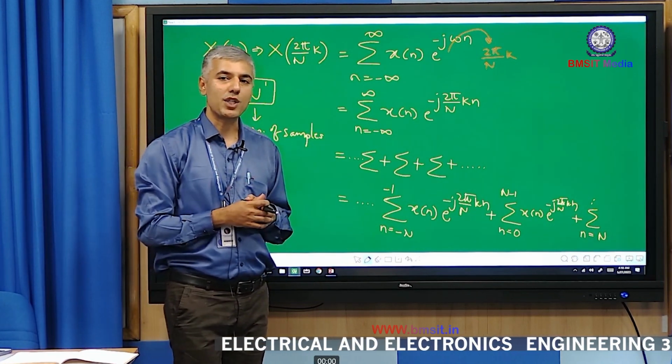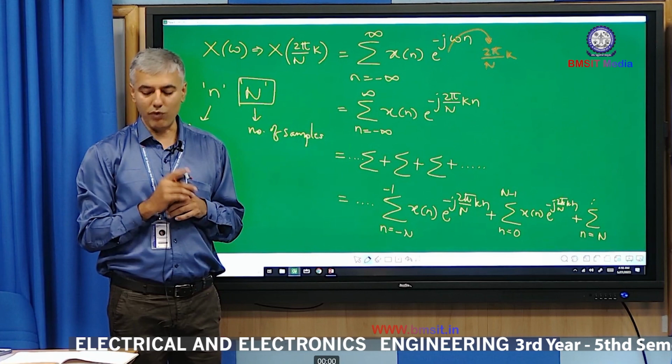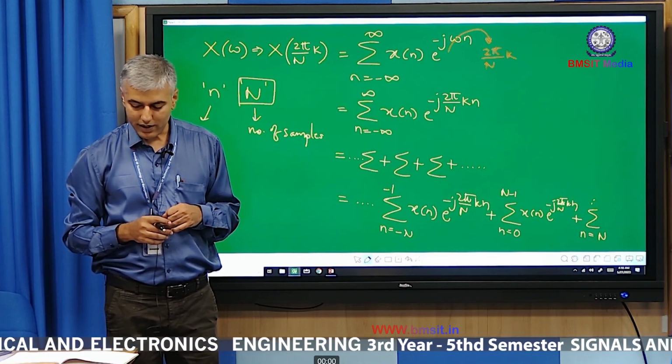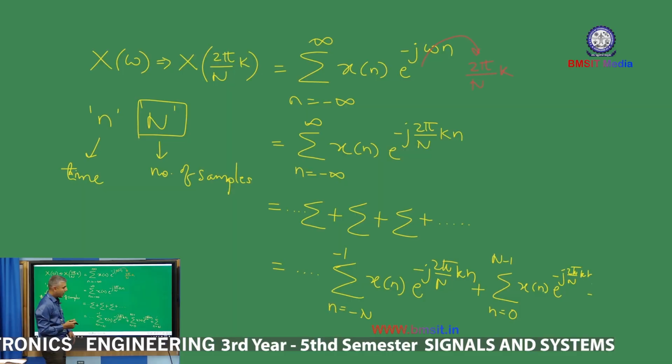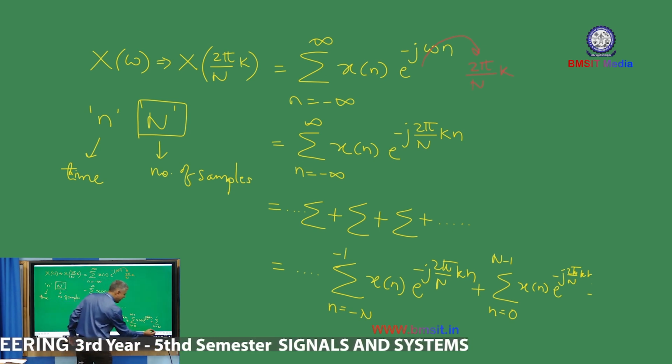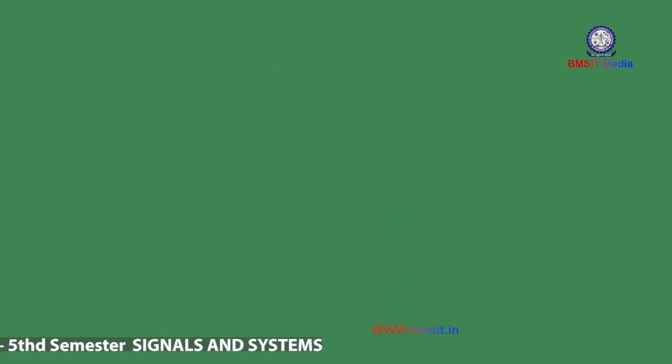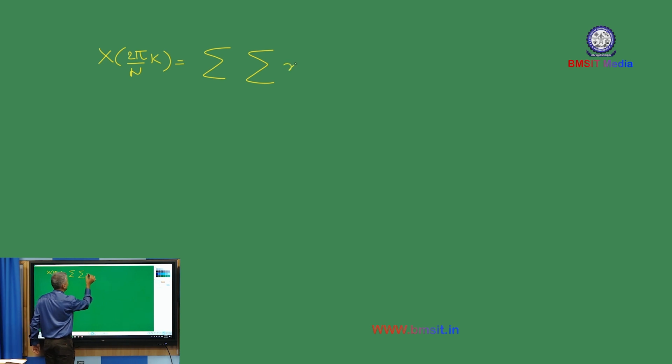Each of those summations, if we can combine them in one simple representation, would look something like this. It is X of 2 pi by N k equal to summation of summations, x of n e raised to minus j 2 pi by N kn.